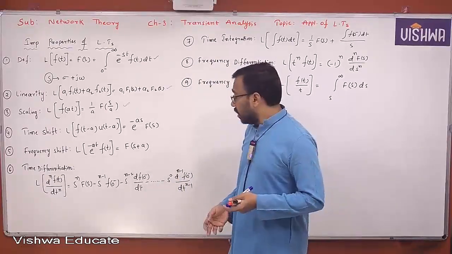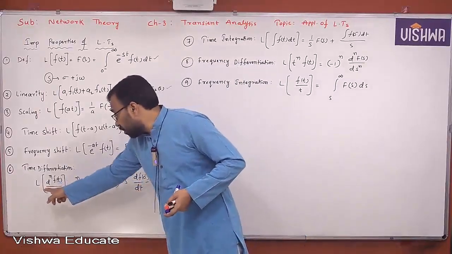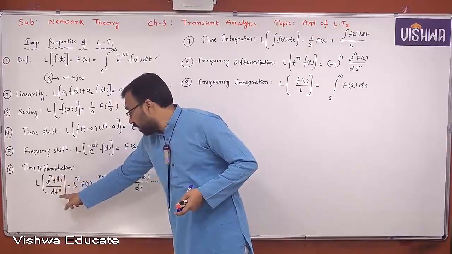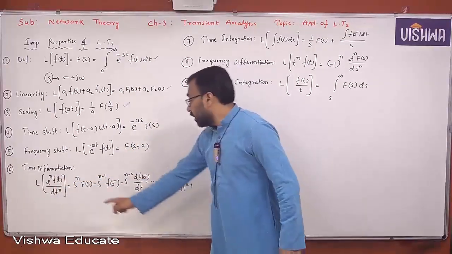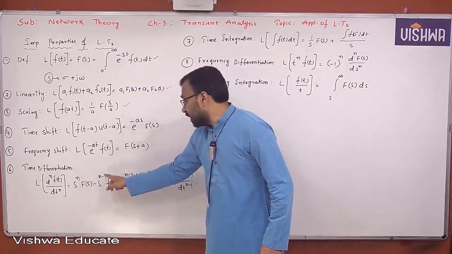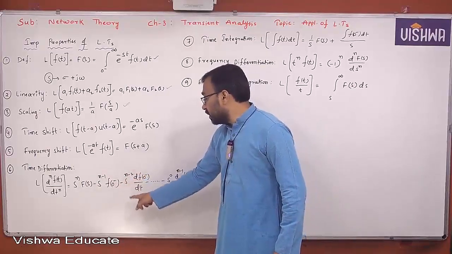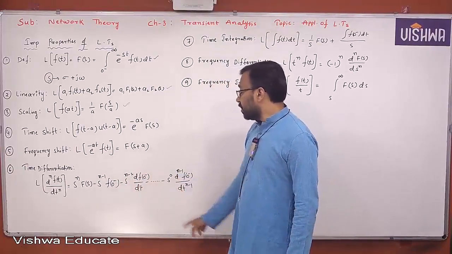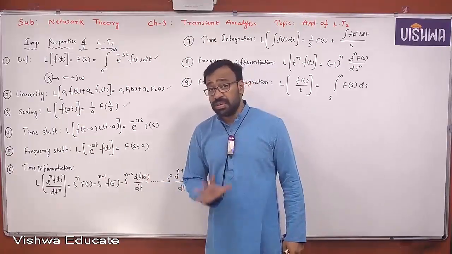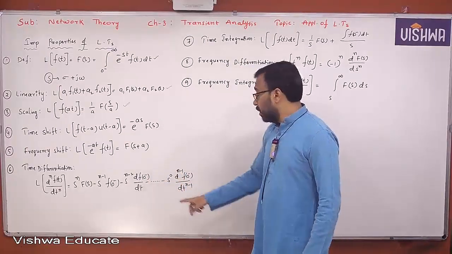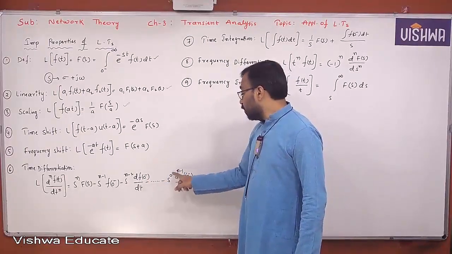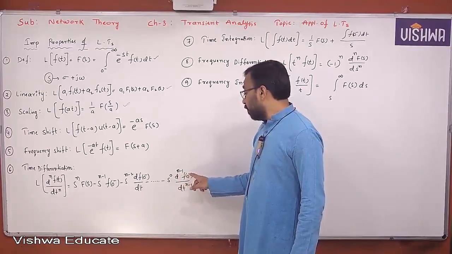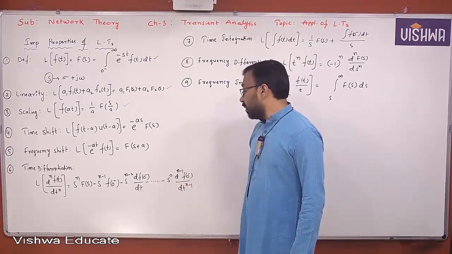The Laplace transformation of d power n f of t by dt power n is s power n F of s minus s power n minus 1 f of 0 minus, minus s power n minus 2 times the first derivative of the function f at 0 minus, and so on, up to s power 0 times d power n minus 1 f of 0 minus by dt power n minus 1.